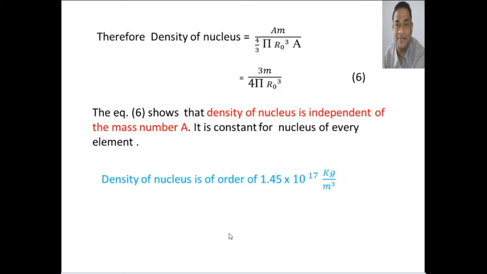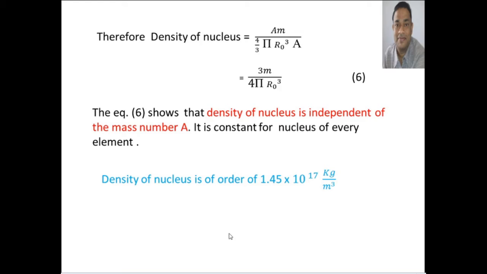Remember that we have seen that the size of a nucleus depends on the mass number A. The volume of a nucleus is proportional to the mass number A, but the density is independent of the mass number A. The density of a nucleus has the value 1.45 × 10^17 kg per meter cube, and this value is nearly found for all nuclei.